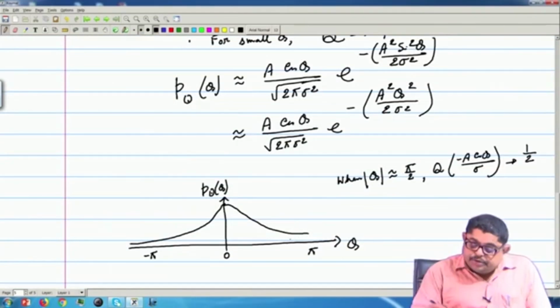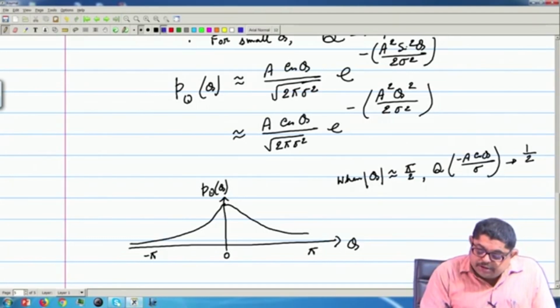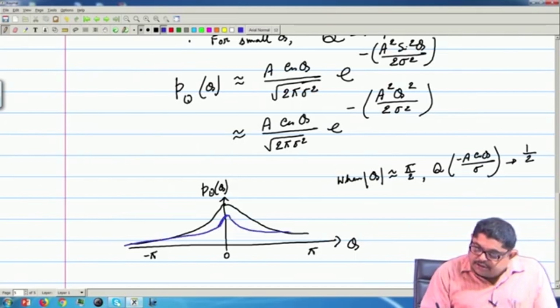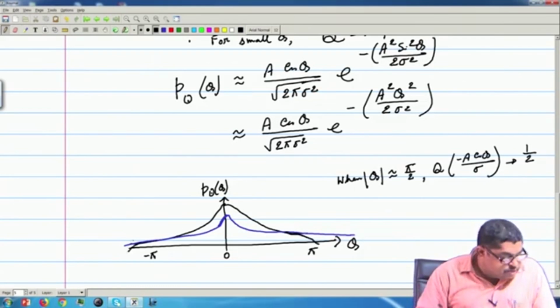And so, this is for a high SNR. Now, as we decrease the SNR, the curves become less peaky. Less peaky means, but the area should be same, so they go to broader ones.